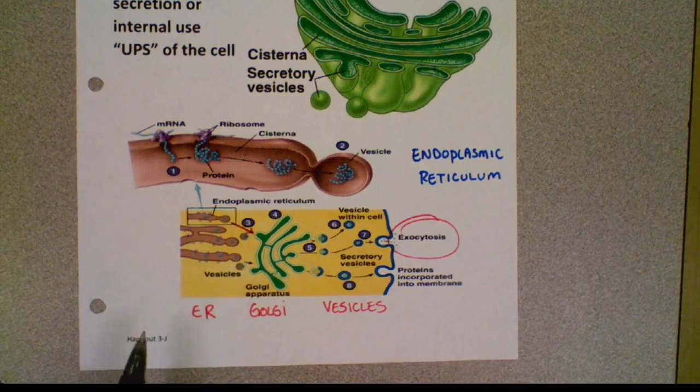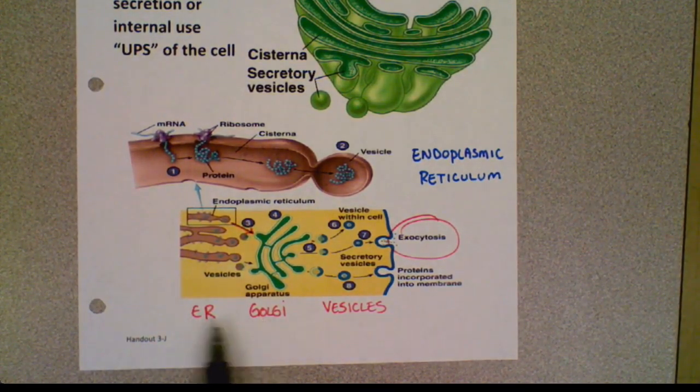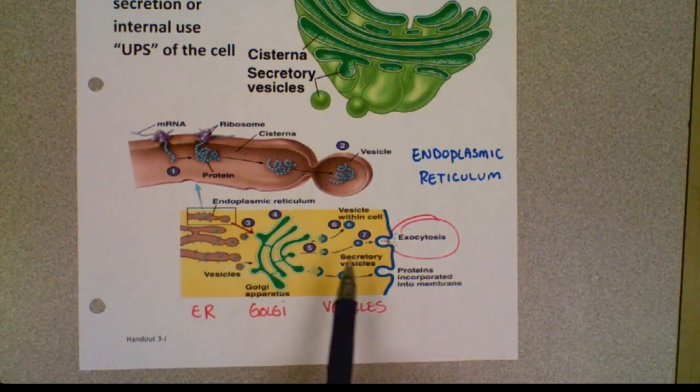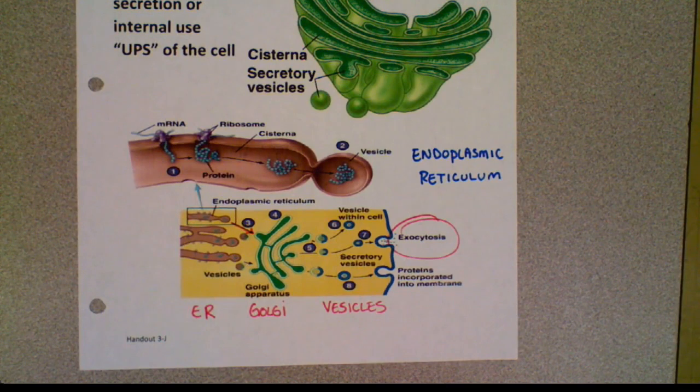This is a really common process where we've got the Golgi apparatus working with the endoplasmic reticulum to make a product and then ship it out. So Golgi apparatus, just a folded up membrane that is packaging and distributing its cell's products. Pretty cool.